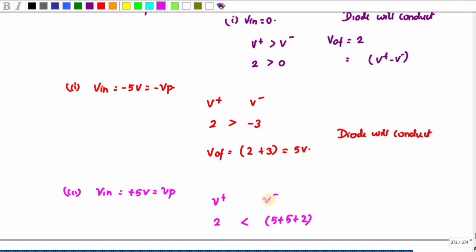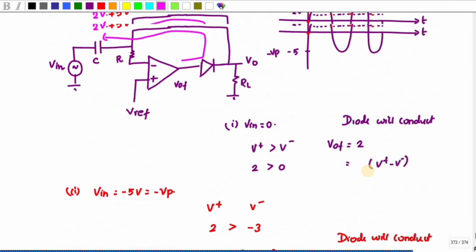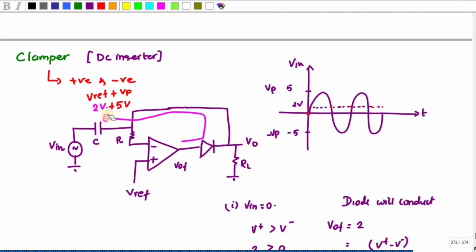So here V minus is greater than V plus, so the diode will not conduct. This will be open circuited.